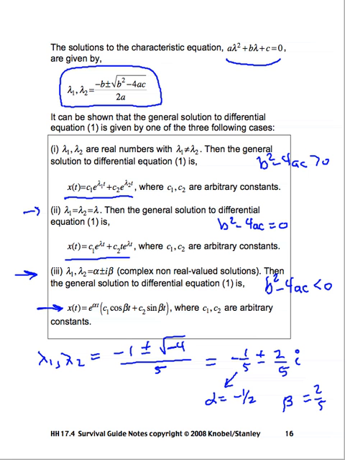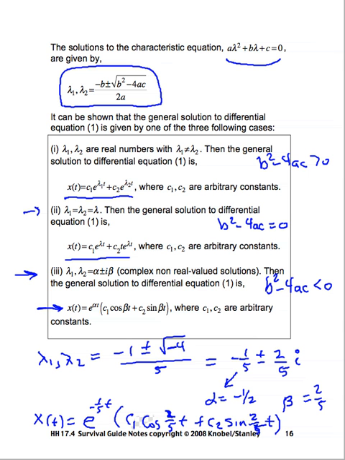And so your general solution down here would have this general form. x of t would equal e to the negative 1/5 t times the quantity c1 cosine of beta t, so that would be 2/5 t, plus c2 sine of beta t, sine of 2/5 t.